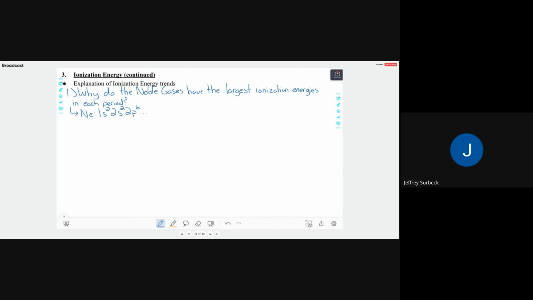Now, all of a sudden, our electron configuration is 1s2, 2s2, and 2p5. Well, this would form a neon ion with a 1+ charge. And by losing just 1 valence electron, we have now lost the noble gas electron configuration.